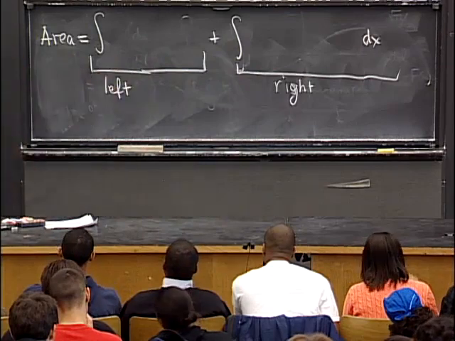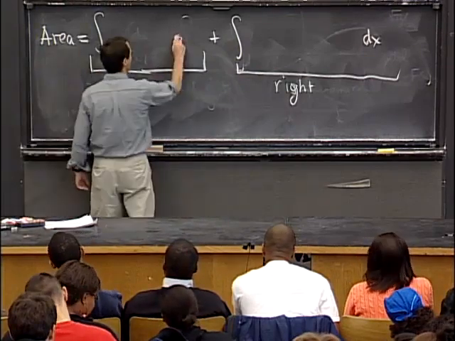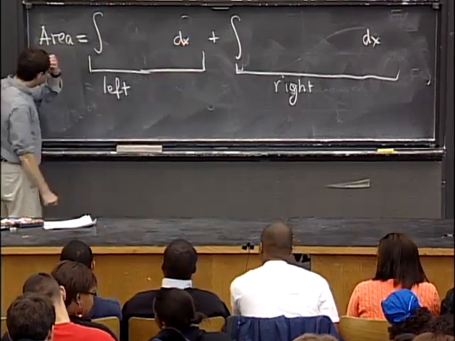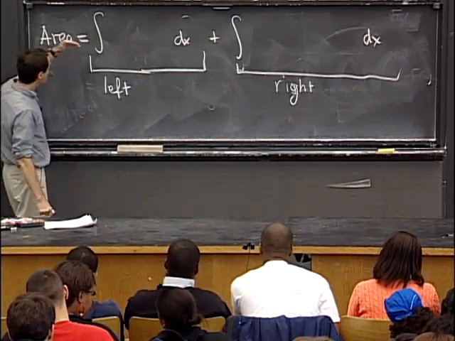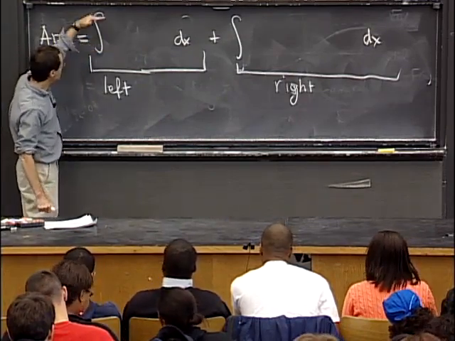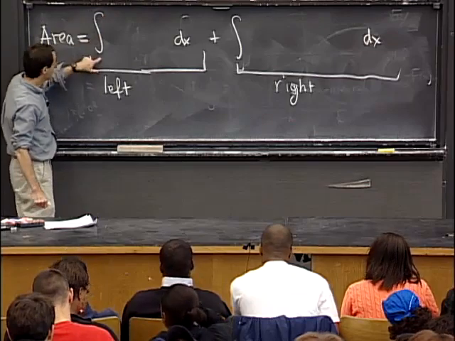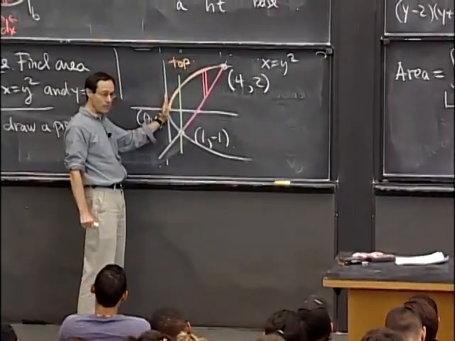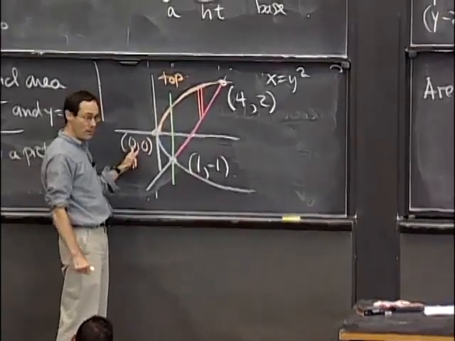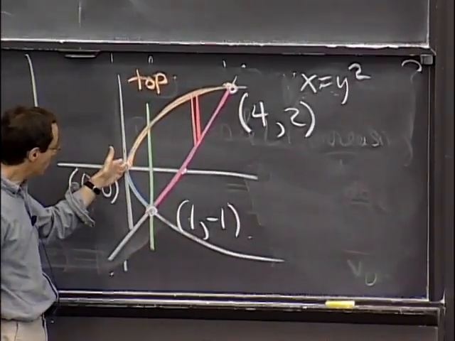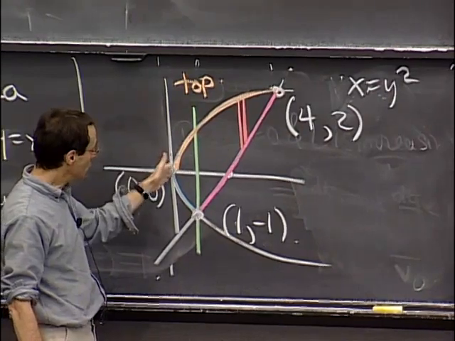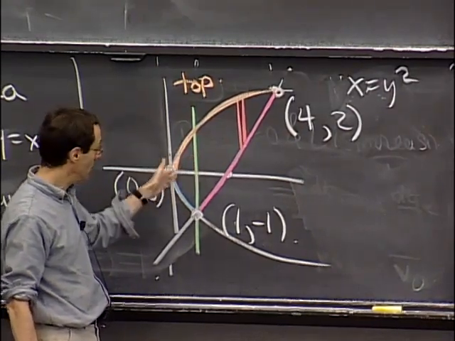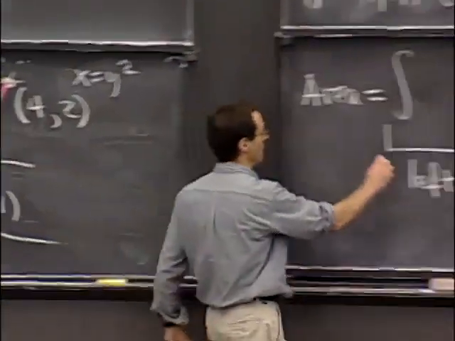So here we have our dx. Now, I need to figure out the starting place and the ending place. So the starting place is the leftmost place. The leftmost place is over here, and x is equal to 0 there. So we're going to travel from this vertical line to the green line over here, and that's from 0 to 1.